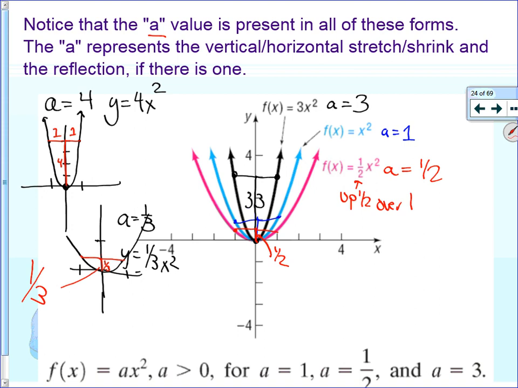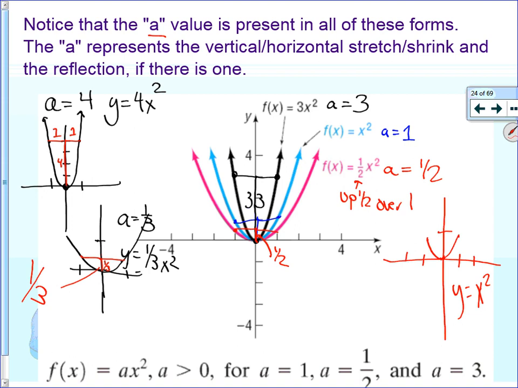Yes, 4, because what's 2 squared? 4. So you go over 1, up 1, because 1 squared is 1. Over 2, up 4, because 2 squared is 4. Over 3, up 9, because 3 squared is 9.